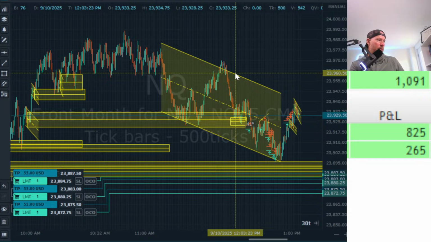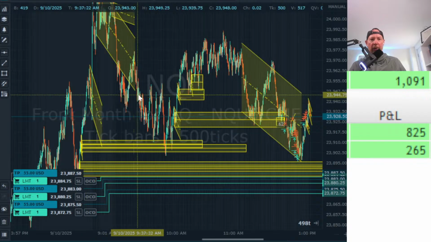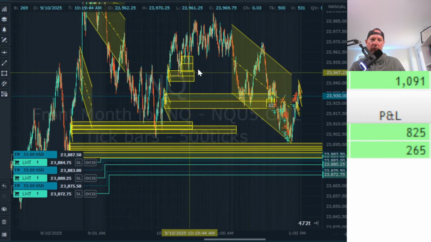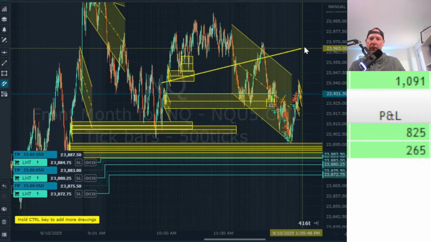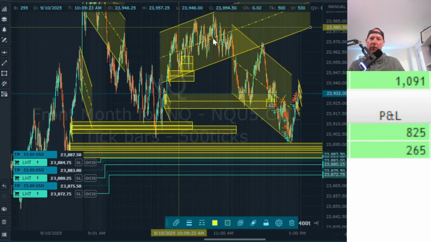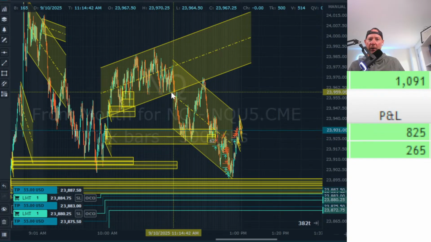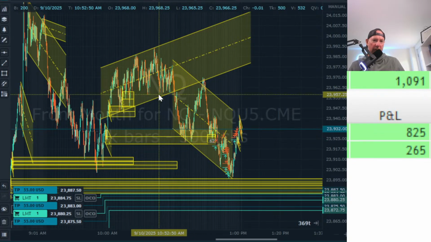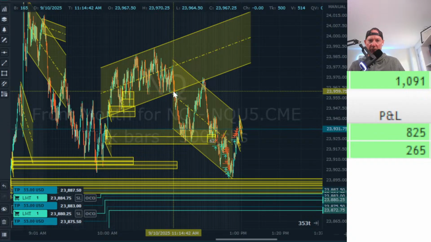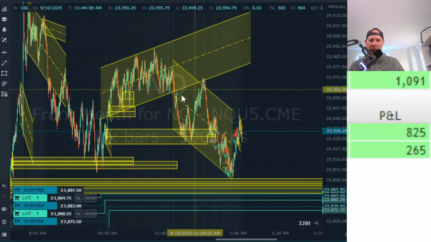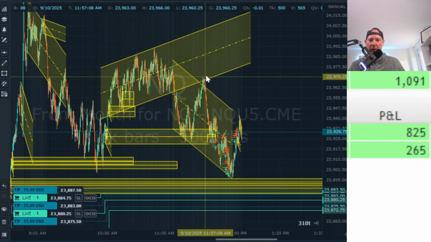Yeah, I was still in this channel when I got stuck in this Topstep trade. Don't quote me, but I think I got stuck over here. Yes, I was trying to buy the bounce. I traded a couple of these bounces off this trend line, and then I got stuck. And I've been managing it on the way down with these retracements, and I've been surviving it.